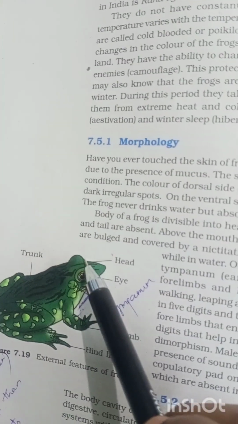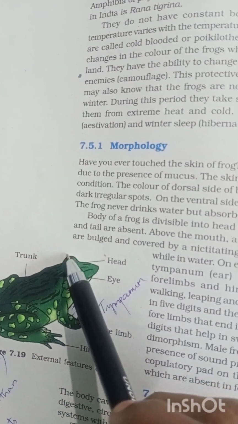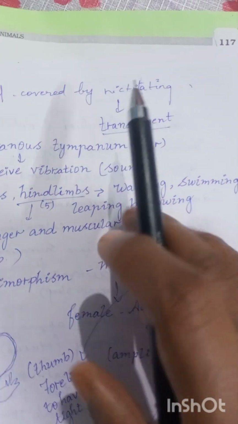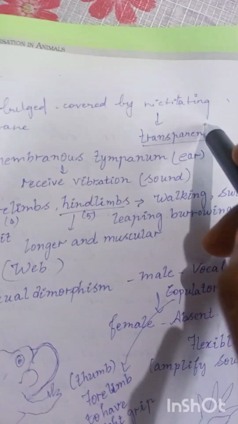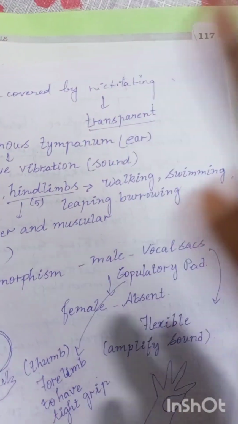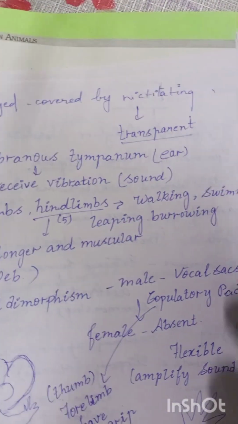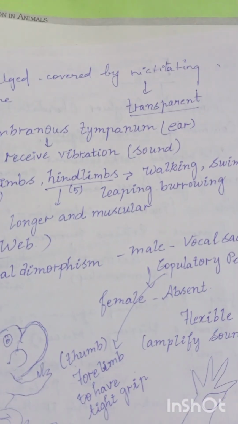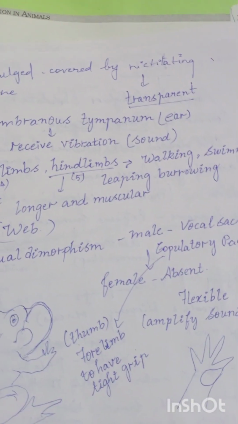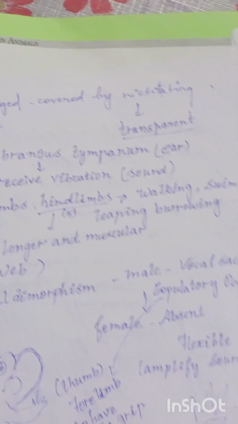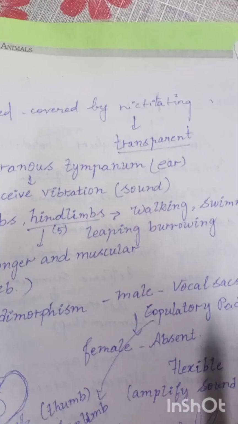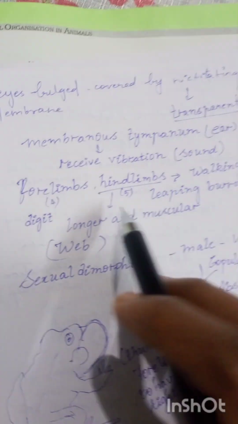If you see the eyes, they are bulged and they are covered by a nictitating membrane. The nictitating membrane is an adaptation to the aquatic system. A transparent layer will be covering the eye so that the frogs can see clearly underwater also. The eyelid will not close, as this transparent membrane is protecting the eyeballs.